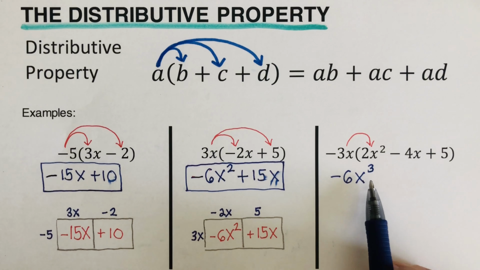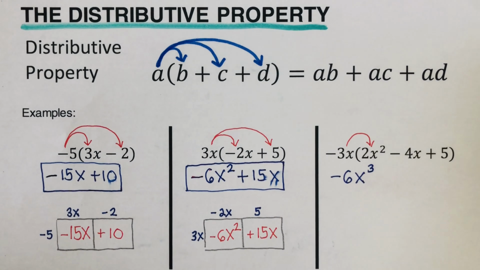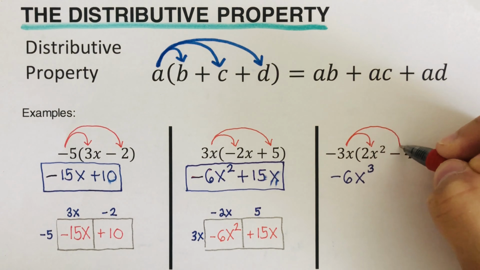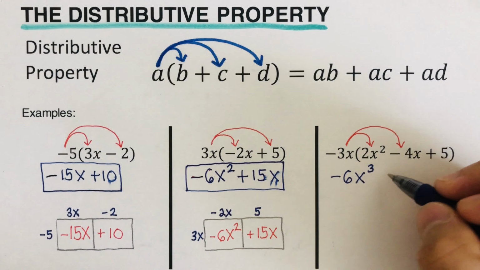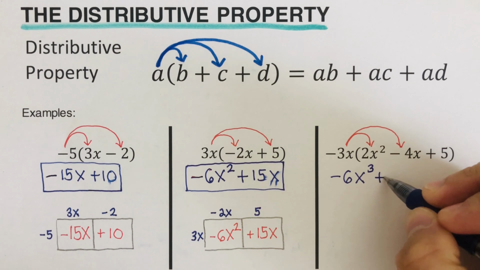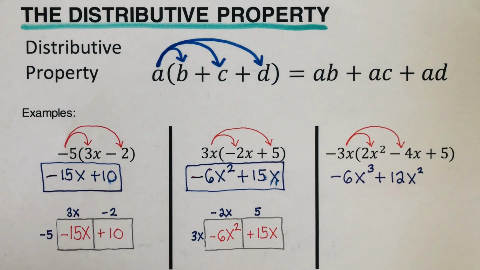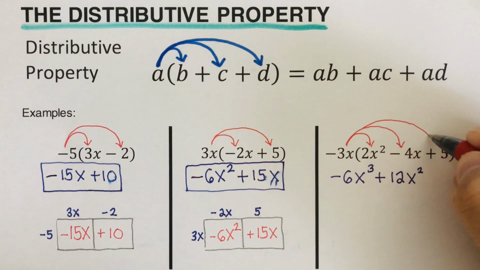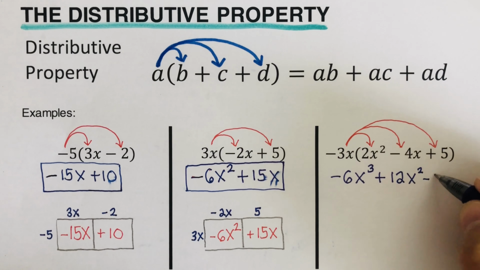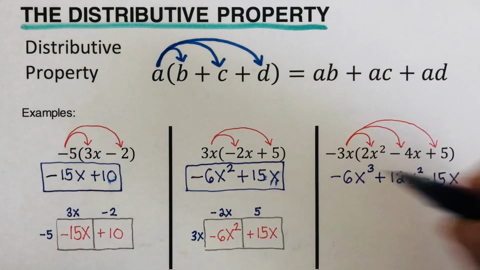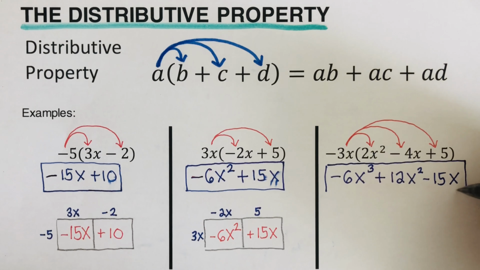Then we distribute the -3x to the -4x, so that would be a positive, because a negative times a negative is a positive, so +12x squared. And then the last one here would be negative 3x times positive 5, a negative 15x. So this is the product of this expression.